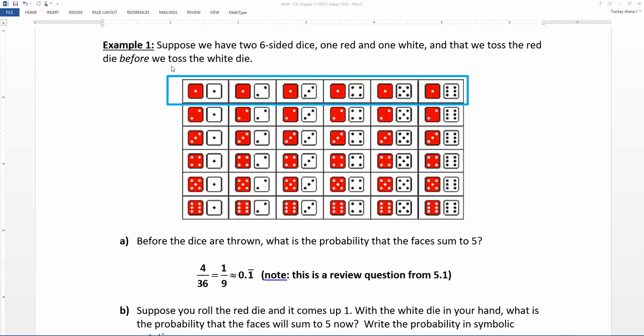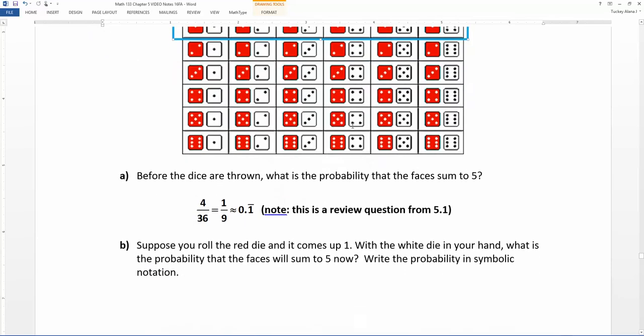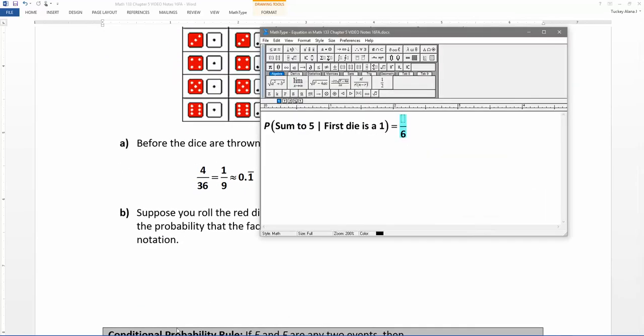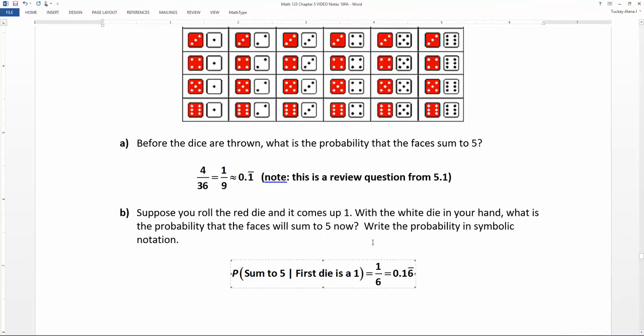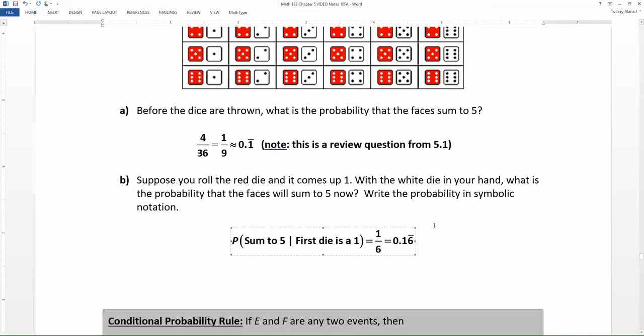So we have our top row. I've highlighted it for you in blue, and there's 6 options there, and only one of those options, the 1 and 4, adds up to 5. So our probability is going to be 1 divided by 6. Which gives us a probability of 1/6 or 0.16, where the 6 is repeating.